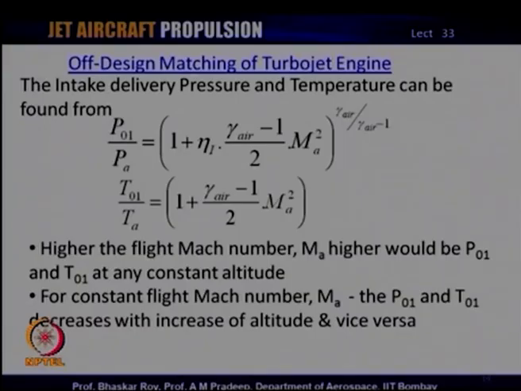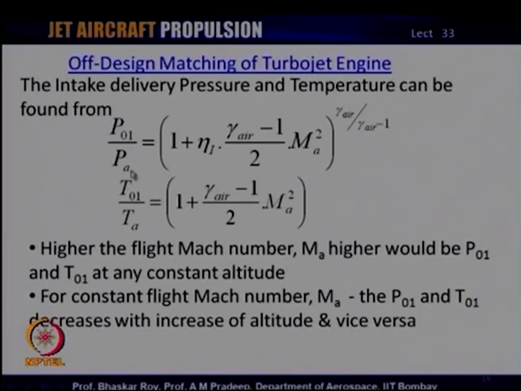If we look at the design matching of a typical turbojet engine, if we start from the beginning, the steps that you have done before in great detail in the earlier lectures, we will invoke all those steps over here again one by one.